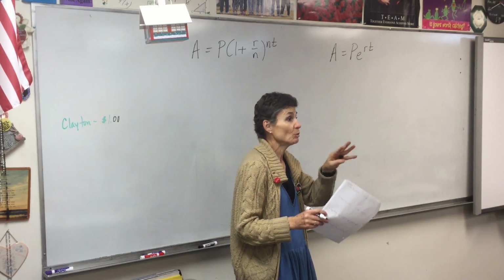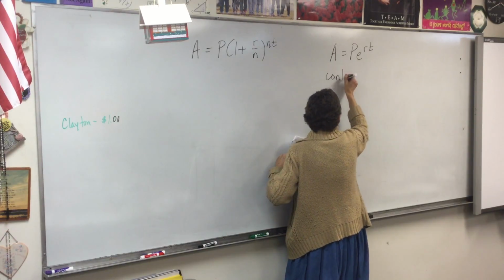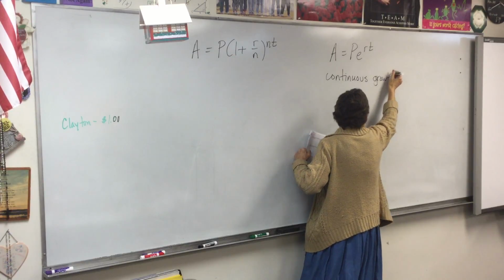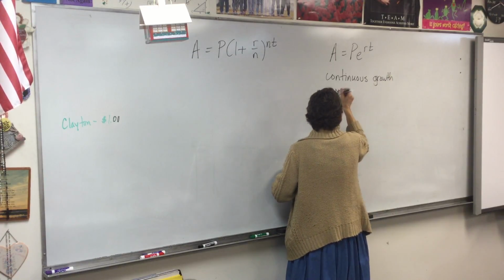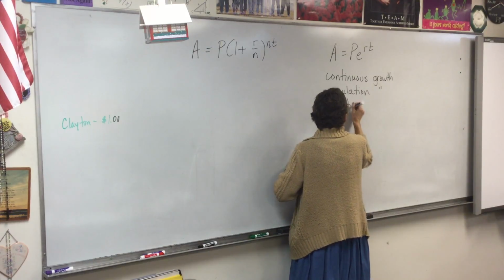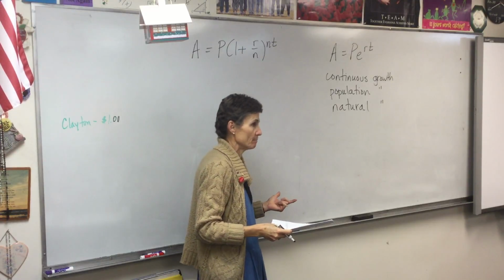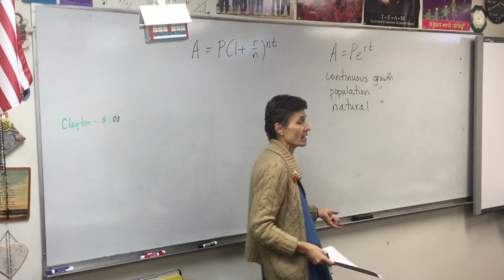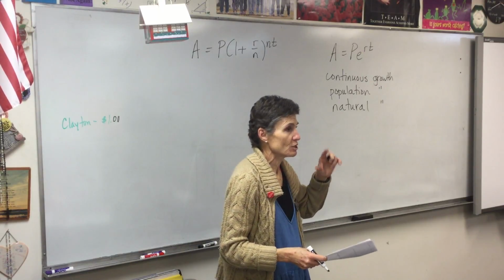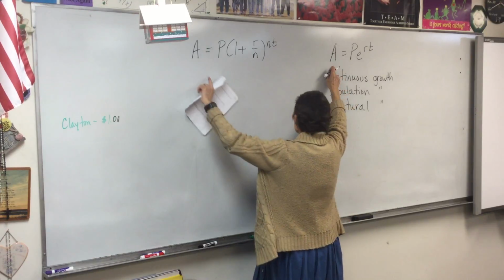This is a population growth problem, and this is our formula for continuous growth or population growth, or in big terms, any kind of natural growth. So if it's a nature type problem, a population of bacteria, a radioactive element, anything like that is going to use this formula.